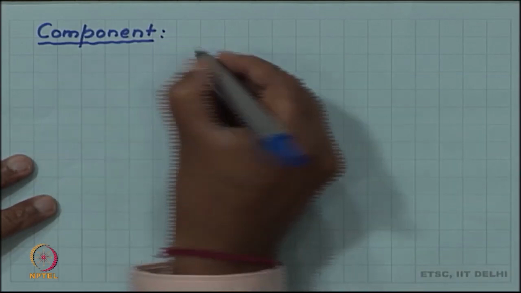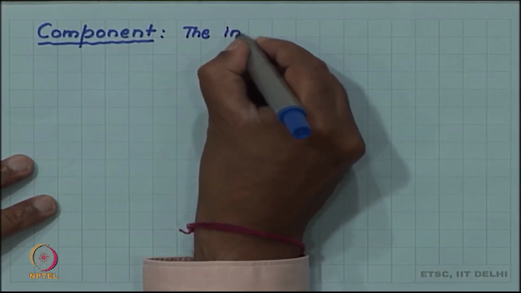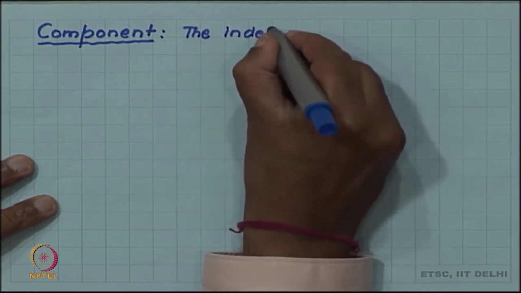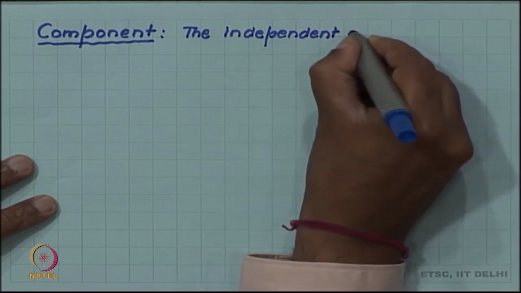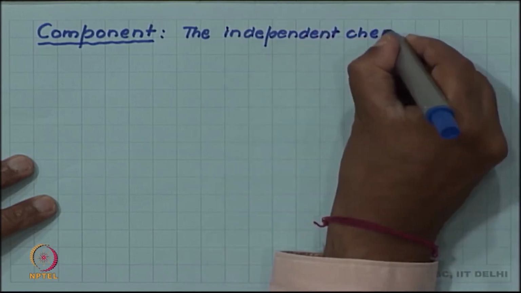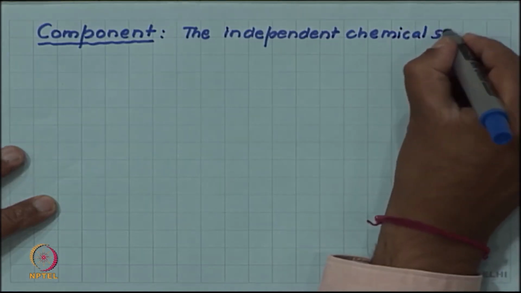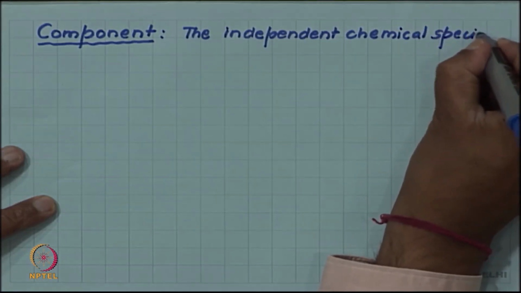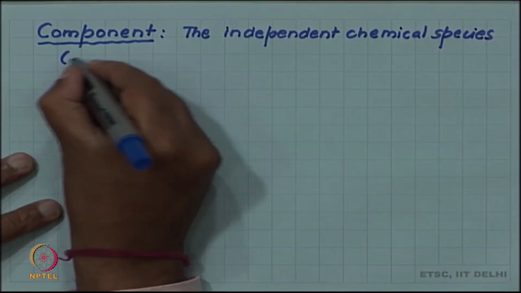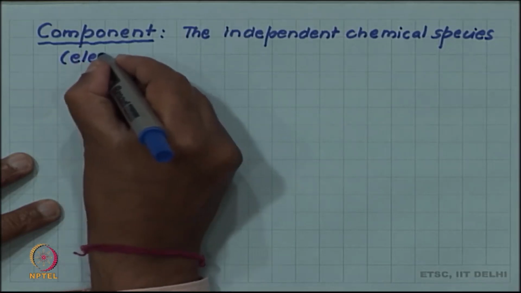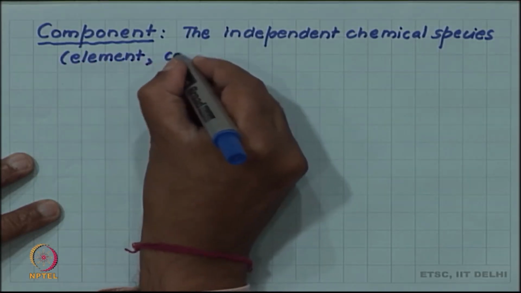So, we will define component as the independent chemical species, and the chemical species can be either a pure element or sometimes it can be compound.